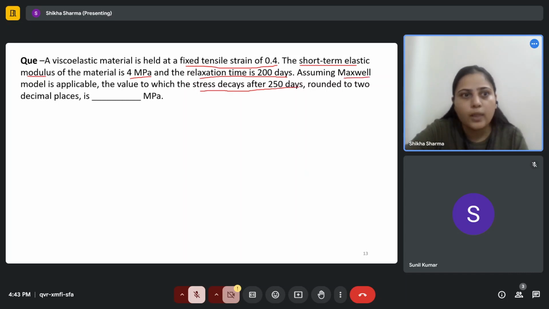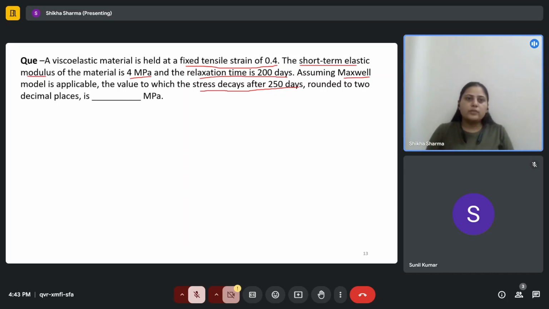So we have a viscoelastic material, which has both viscous and elastic elements, held at a fixed tensile strain of 0.4, right?